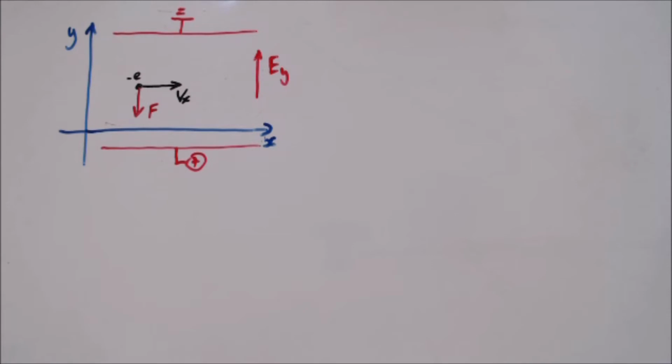Essentially, what we're going to do is write down Newton's second law as it applies to the electron, because Newton's second law will give us the acceleration of the electron. Once we have the acceleration, we should be able to write down other equations to show us the velocity of the electron and also the trajectory of the electron, where it's going to be at some point later in time.